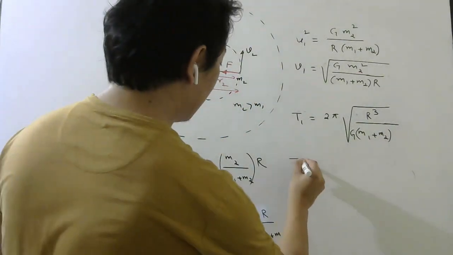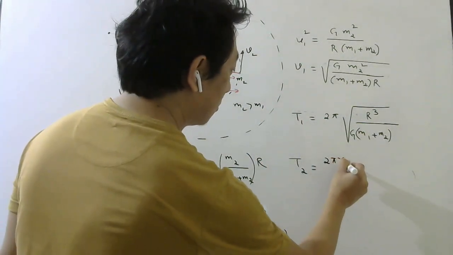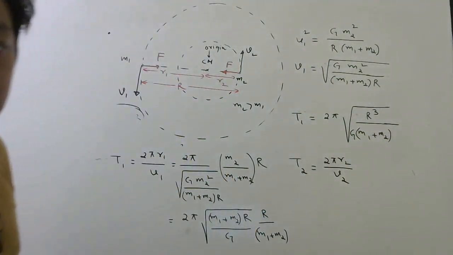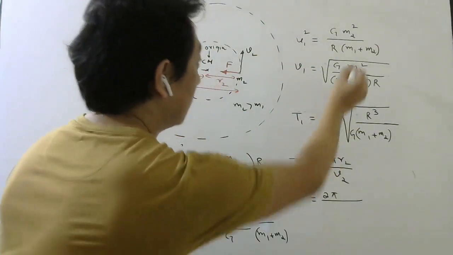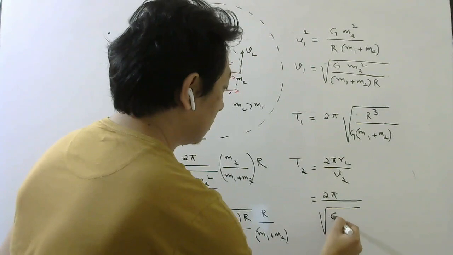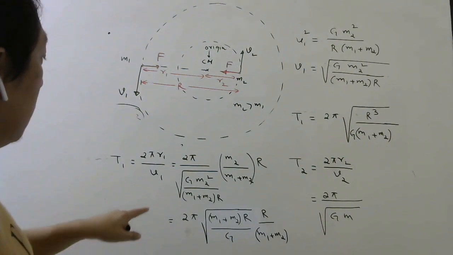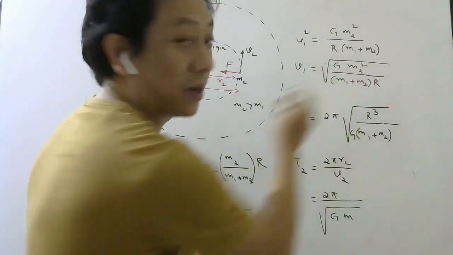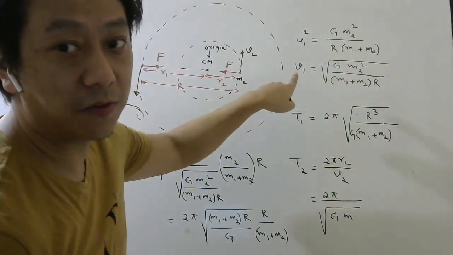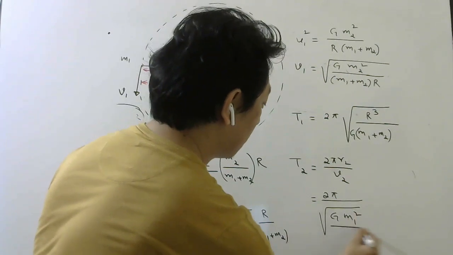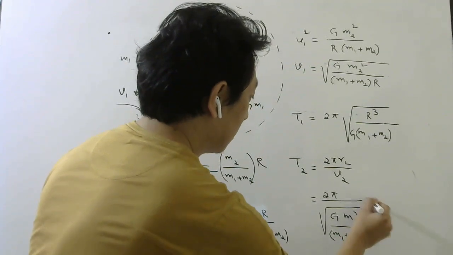For the second one, you can check, it will be the same. Because for the second one, it will be 2 pi r2 by v2. Correct? v2 was this only, but it was m1 square for v2. So m1 square by m1 plus m2 into R. This is your v2.